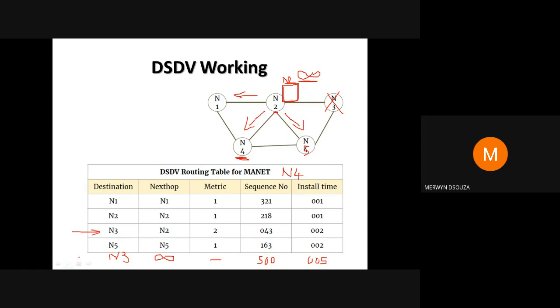It is having duplicate entries. Based on this install time, this one is greater than this, and it is more recent. So based on this time, the older entry could be considered an old entry and deleted. Or based on the sequence number, since this sequence number is greater than that sequence number, it may consider this an old entry and delete it.